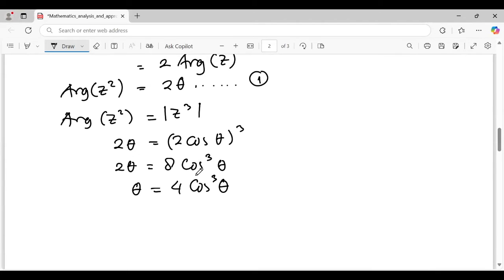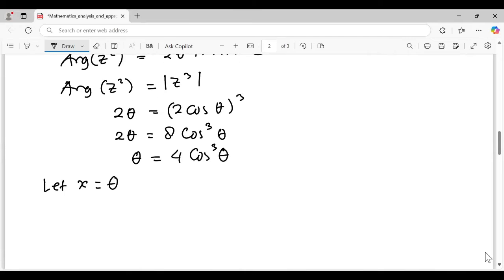And now we're going to find theta. Let x equal theta, because I would like to find the solutions on a Cartesian diagram.